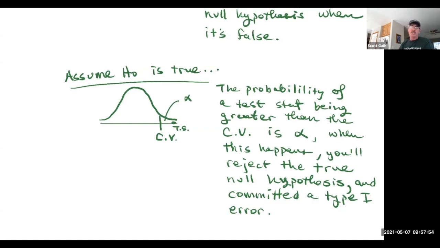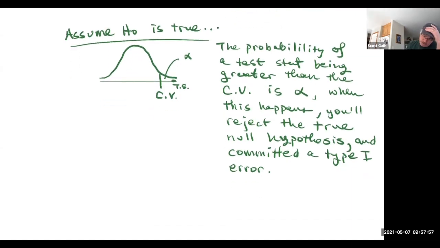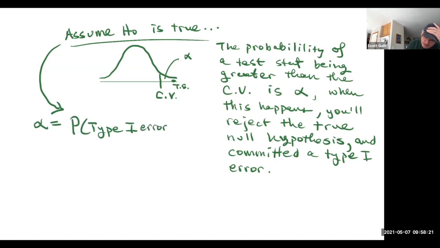So we could say that assuming the null hypothesis is true, alpha is the probability of a type 1 error. Let me make a little space for that. It's a conditional probability given that the null hypothesis is true, but I've got that up above.